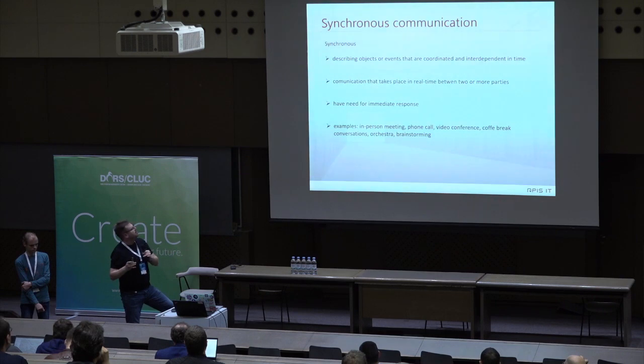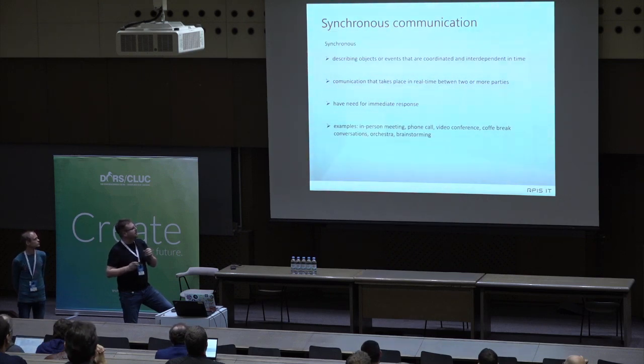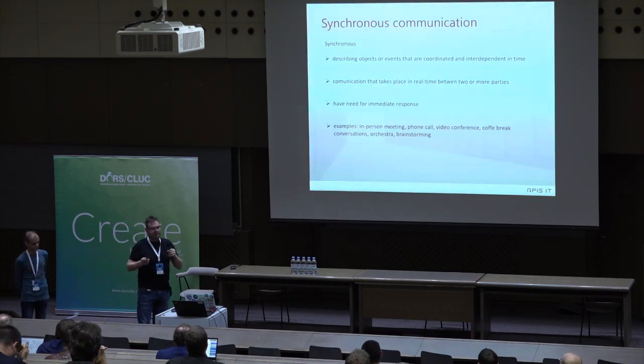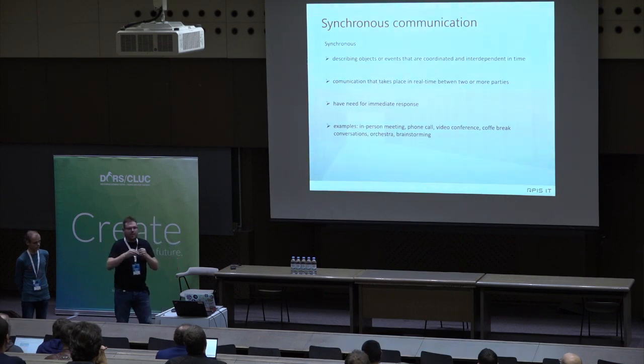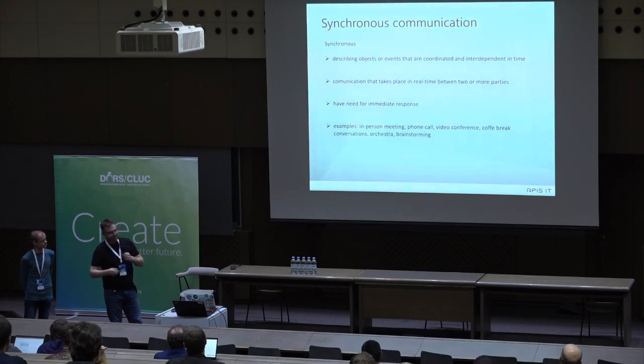Synchronous is the opposite. Objects or events that are coordinated and interdependent in time. Communication takes place in real time between two or more parties, and there is a need for immediate response. In-person meetings, phone calls, video conferences, coffee breaks, conversation, brainstorming. Orchestra is actually a pretty nice example where one block is needed and interdependent with another.